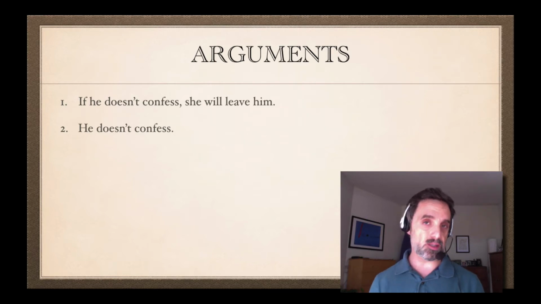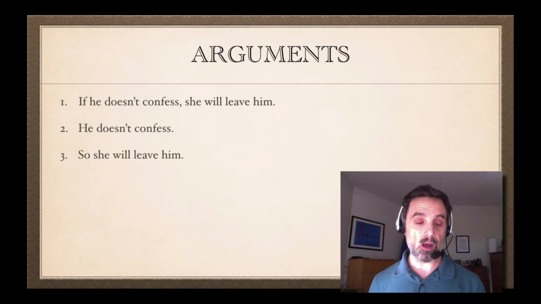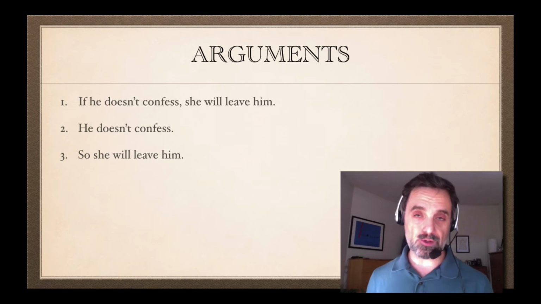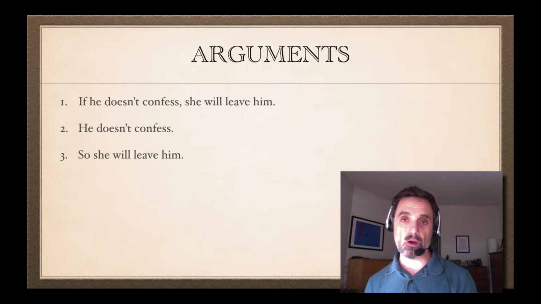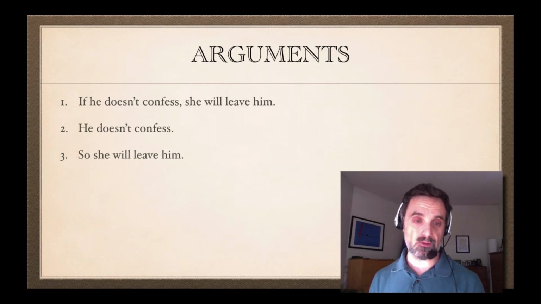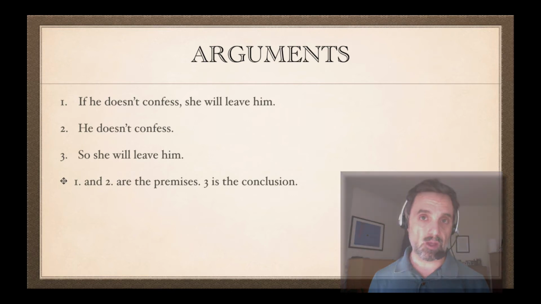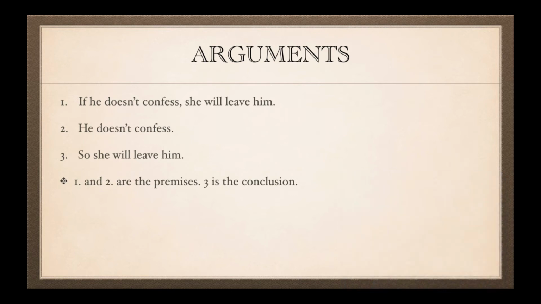You get those two pieces of evidence and you think they're probably true, and then you conclude, aha, she will leave him. Whether or not the premises are true, you can be certain that if the premises are true, so is the conclusion. There's no situation in which the premises are true, yet the conclusion is false. No situation at all. So it's a valid piece of reasoning to go from the premises to the conclusion.